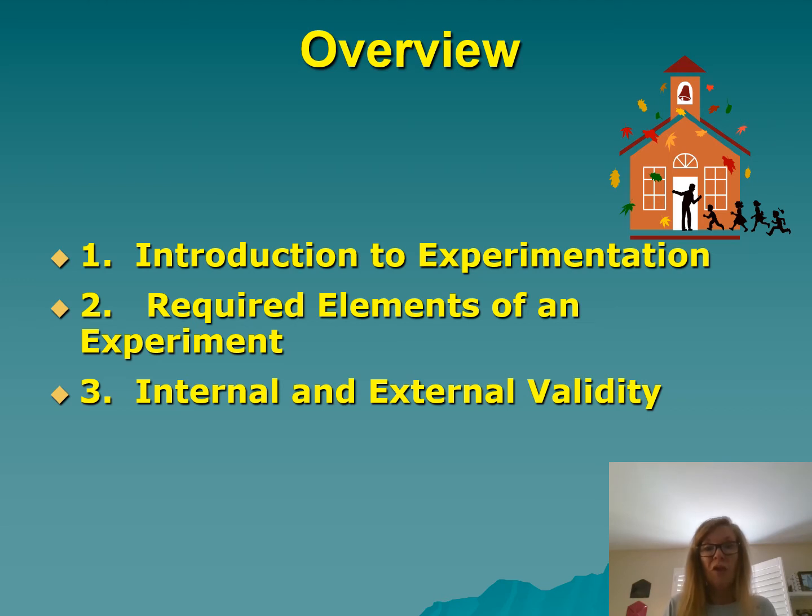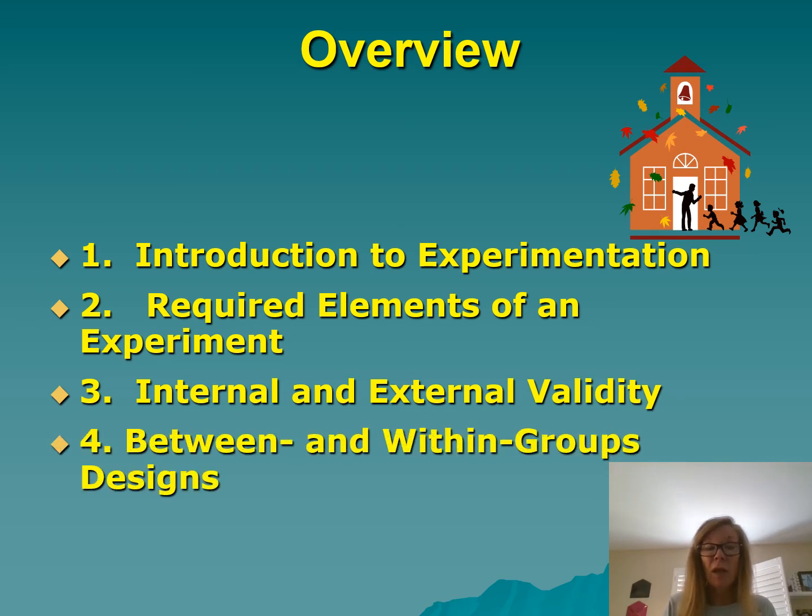We will go over the required elements of an experiment, discuss internal and external validity both, and then last we'll discuss subtypes of experimental designs called between groups designs and within groups designs. You might be a little bit familiar with those already from your statistics courses, so hopefully that will be familiar ground for most of you.